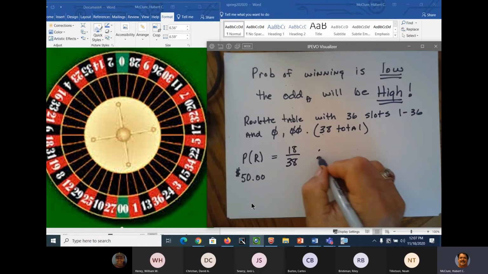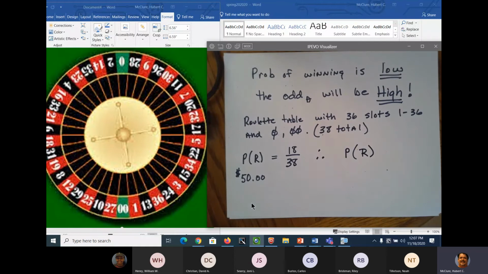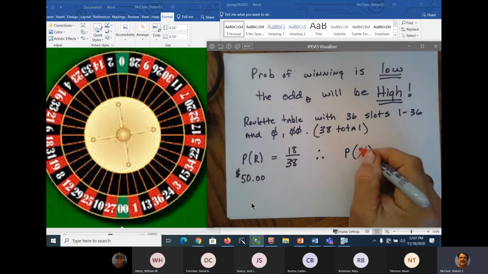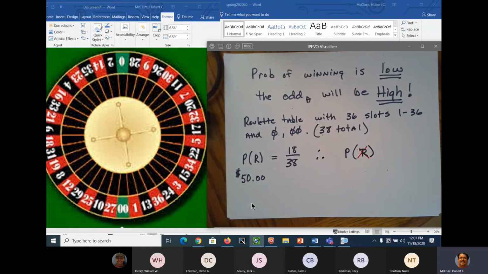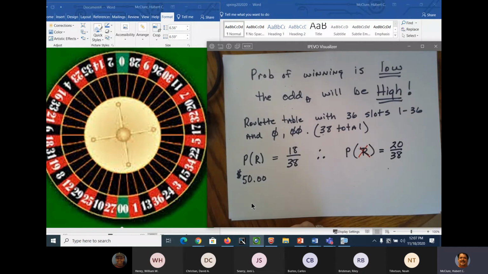Therefore, what's the probability of not red? I'll take my handy dandy red marker and I mark through that red. Well, that'd be 20 over 38. Now, I want everybody to look at those two fractions and make sure you understand them. You can also do this with even and odd.